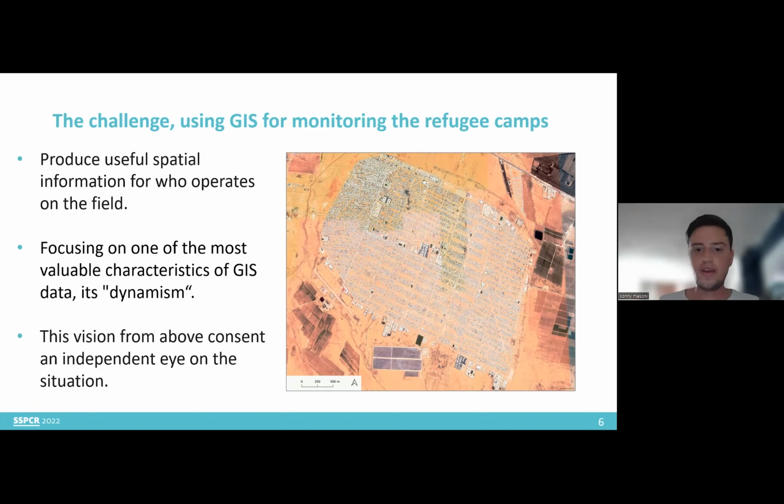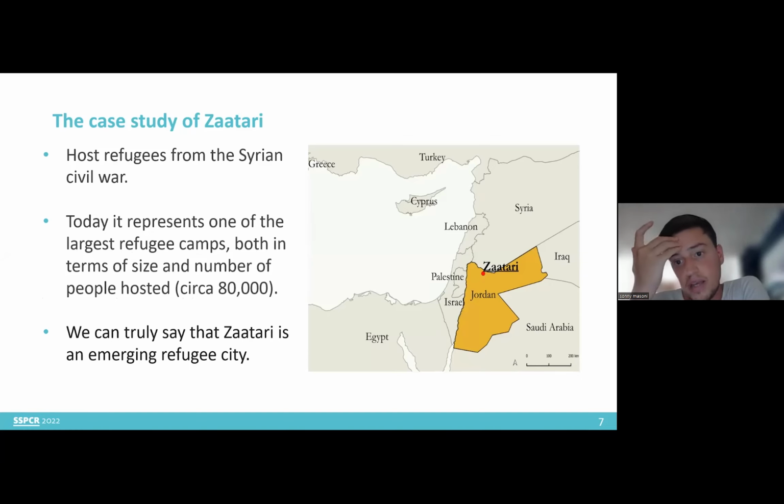So let's talk about Zaatari. Zaatari was our case of study, and is a refugee camp that is located circa 40 kilometers from the border of Syria. It's placed in Jordan, sure. And today it represents one of the largest refugee camps, both in terms of size and number of people hosted, circa 80,000 nowadays.